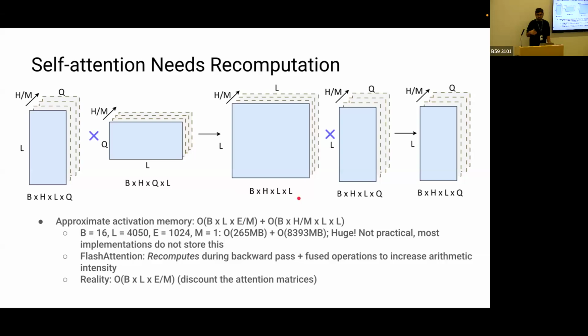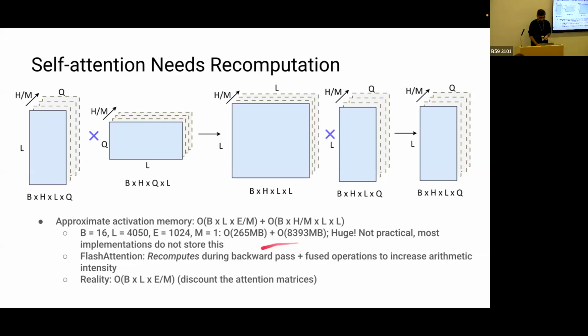If my sequence length is really big, let's say I had 1 million tokens in the sequence, this matrix is going to be a 1,000,000 by 1,000,000 matrix, which is just incredibly huge to store on a GPU. So if we take even our example, let's say L was just 4050, storing this matrix is 8 gigabytes for just a single layer, which is really big.